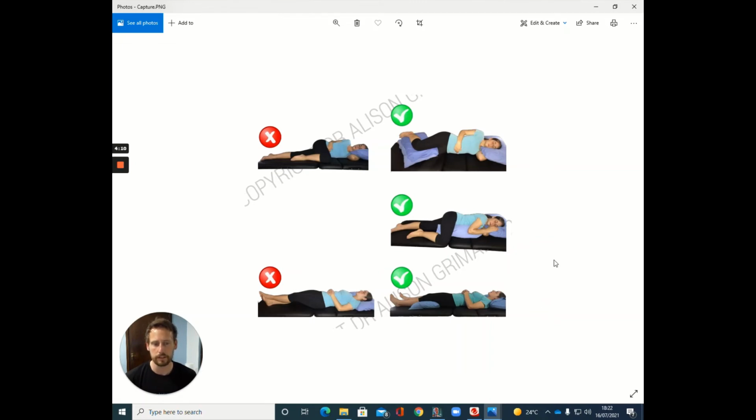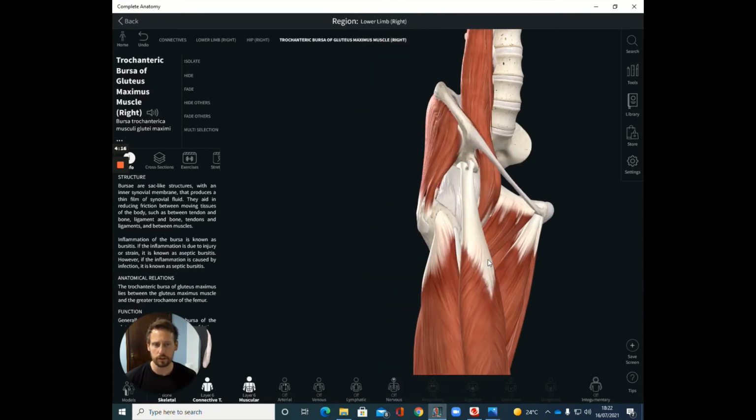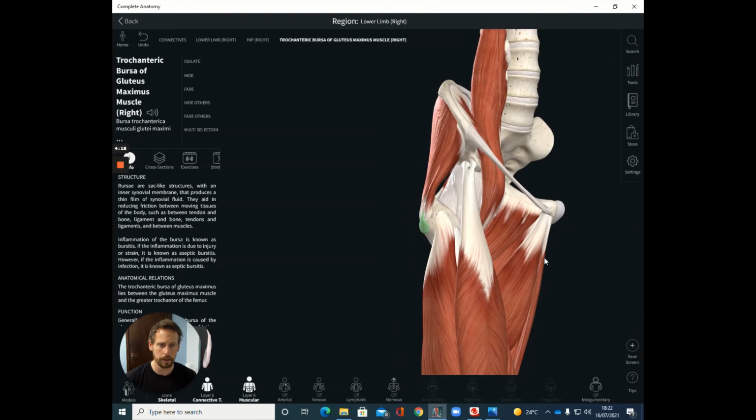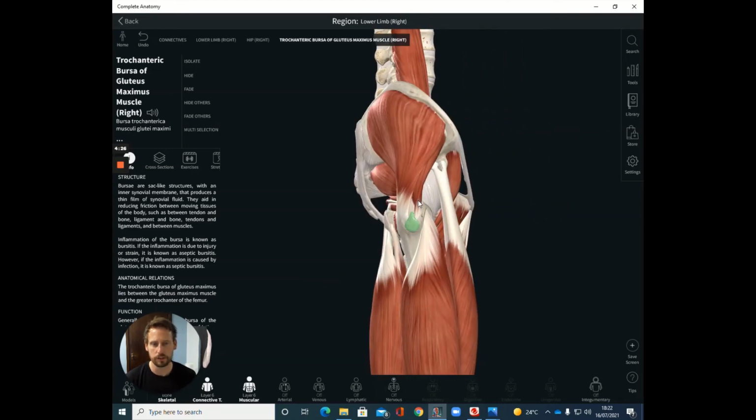I suppose the other thing is just thinking about the types of things that can often trigger this off. It is a condition that's much more prevalent in women. The thinking behind this is that it's partly due to the size and shape of the pelvis, that women have this wider pelvis that makes them a bit more prone to this. But also it is more common in women if they're getting into that premenopausal or postmenopausal period.